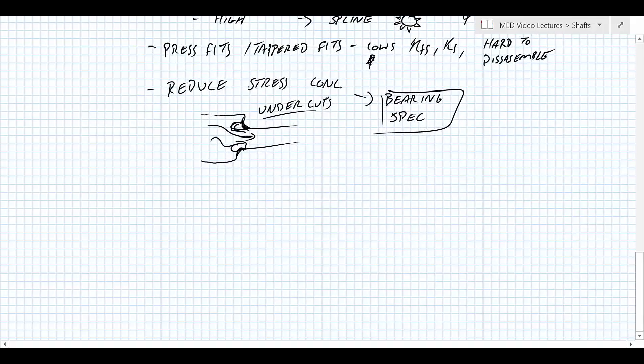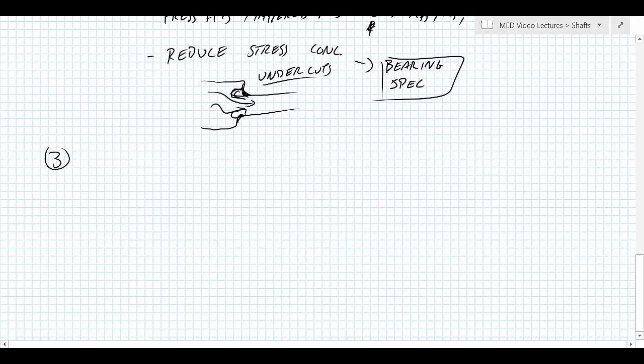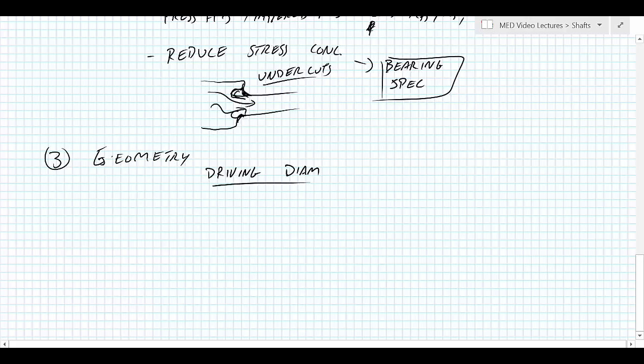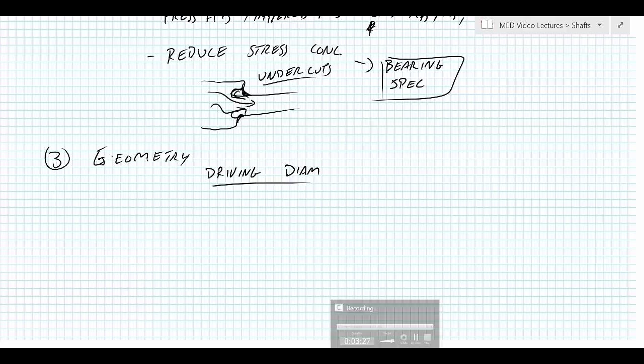All right, the last part is the geometry part, and specifically, we mean that driving diameter. We have some steps in our shaft, and there's going to be some diameter at a critical location, and that's what we want to avoid static and fatigue failure.